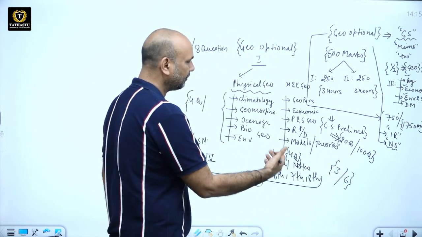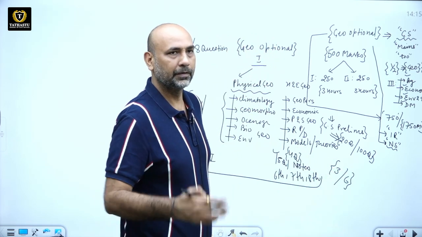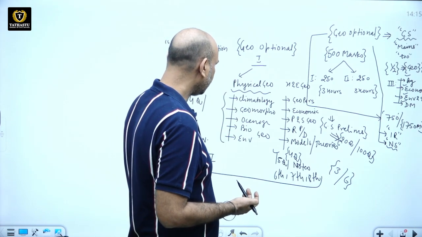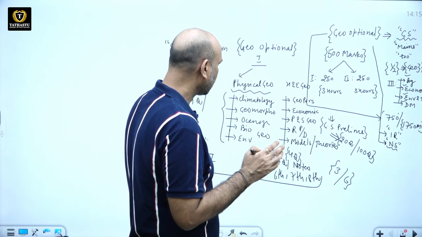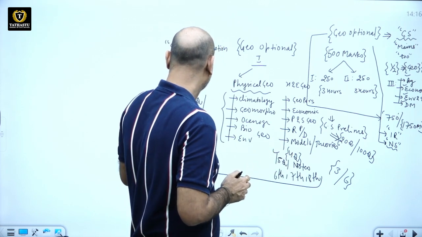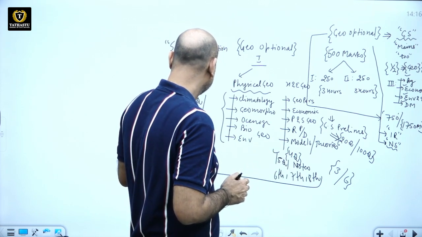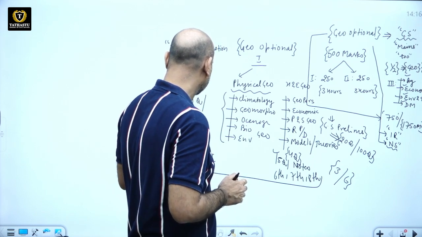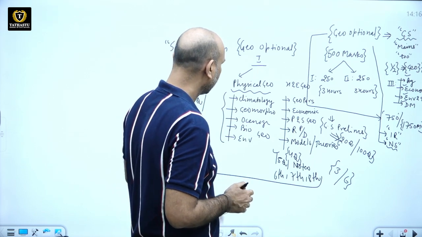So here the range of choices is high, and at least 2 questions are to be solved from each section. Like the first question is compulsory, then out of second, third or fourth we can select 1 question or 2 questions from the first section.